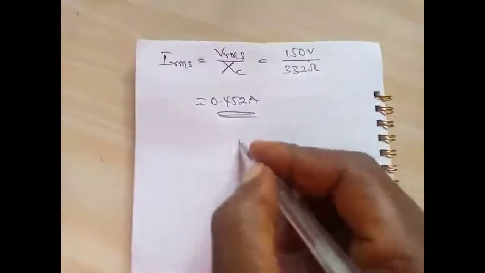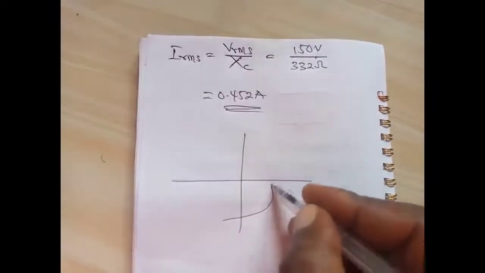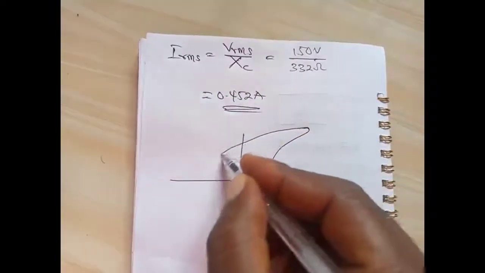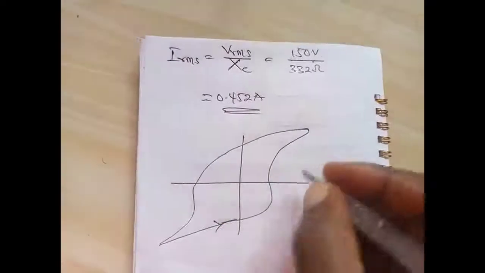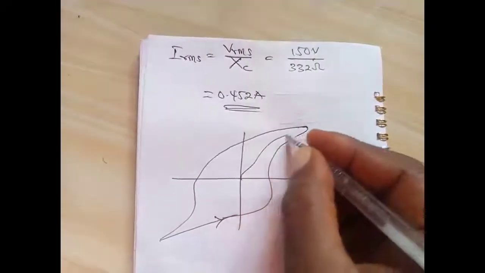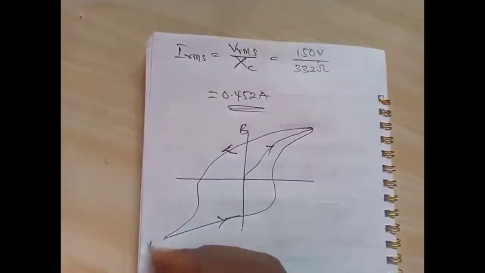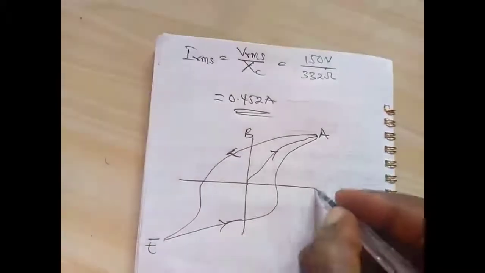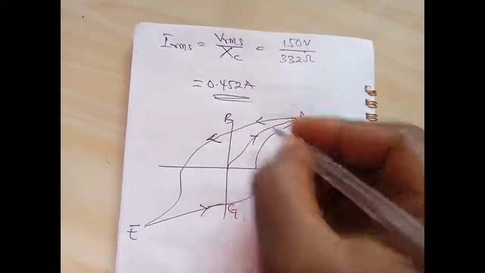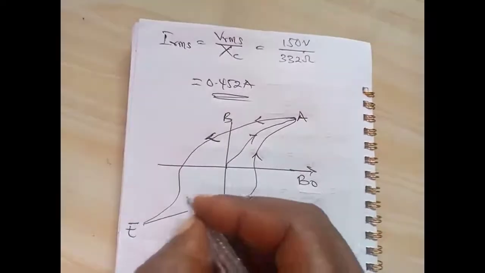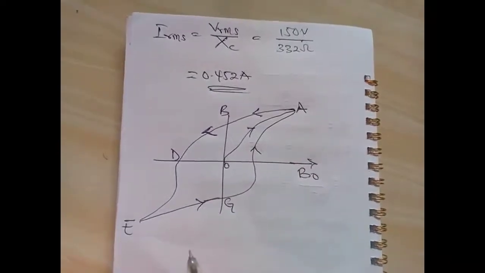So if we have a sketch, and here from 0, let's say we have a sketch, and here is B, here is E, here is A, and here is BO, and they'll go here G, so we'll call here D, here is 0, so we can call here K.